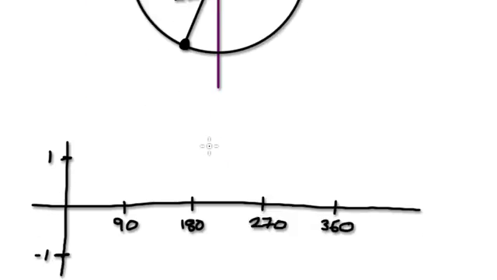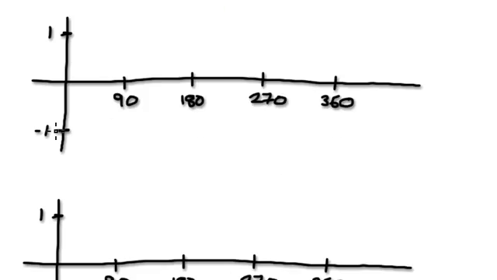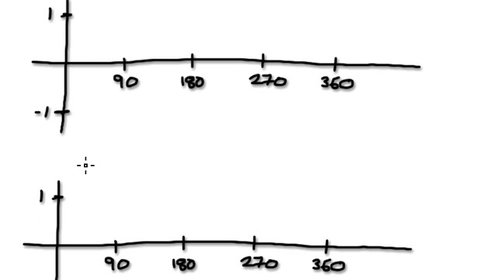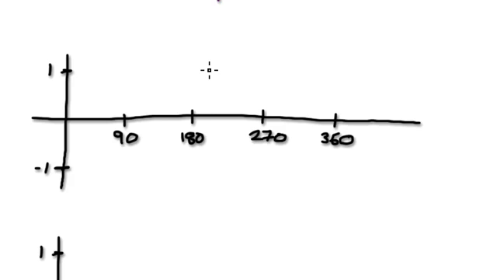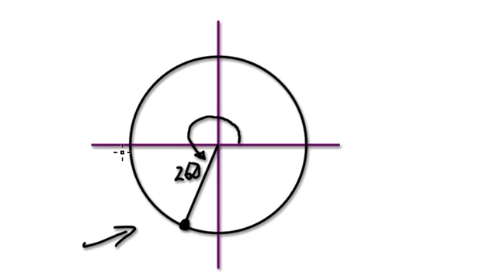Now draw the two graphs, one for sine x, and the other one cos of x. And then put a point to represent this point here. So sketch your two graphs and put the two points on the two graphs. Okay, so press pause and have a go.